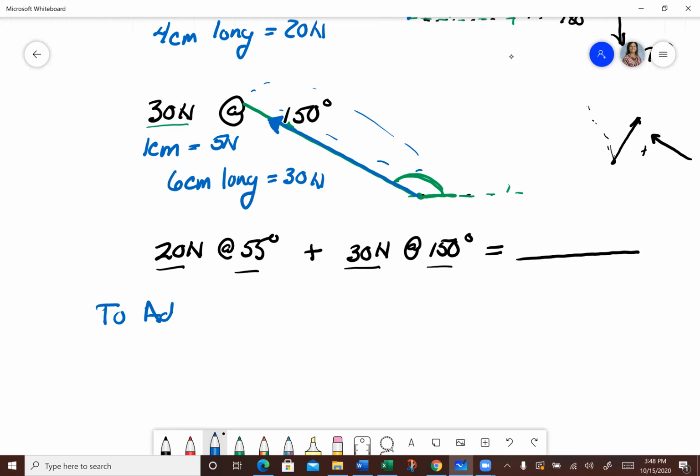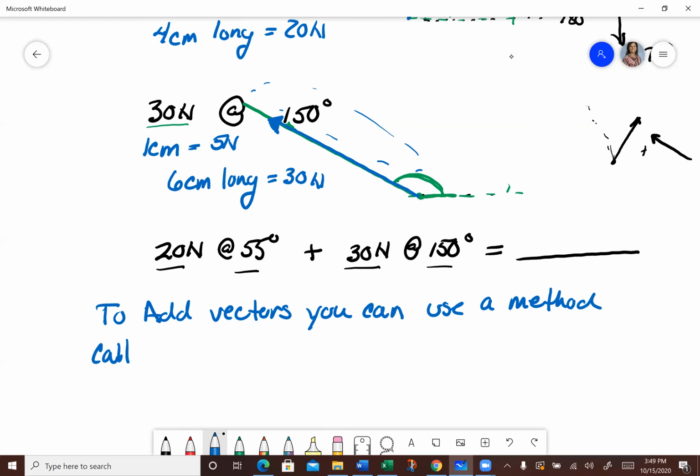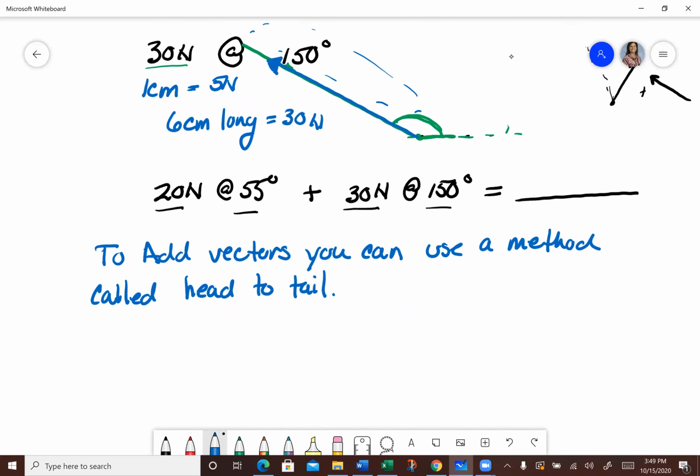to add vectors, you can use a method called head to tail. Basically, you keep drawing your vectors together, placing the tail of one onto the head of the previous.